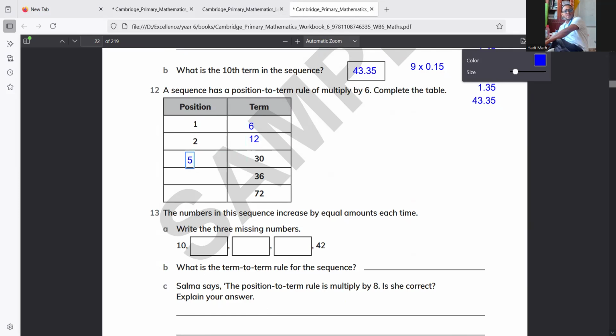This is 5. 5 multiplied by 6 gives you 30. And this is 6 multiplied by 6, which gives you 36. And this one is 12, because 12 multiplied by 6 gives you 72. So that's all you need to do here.